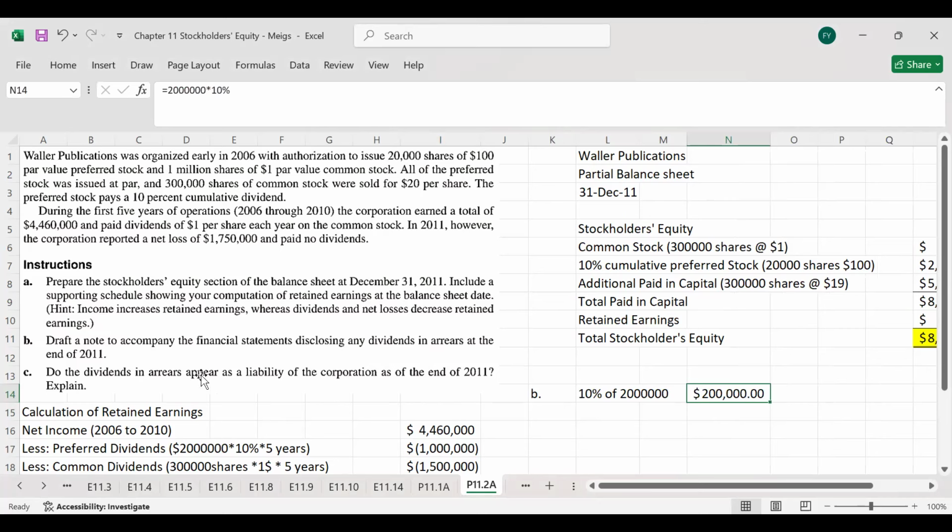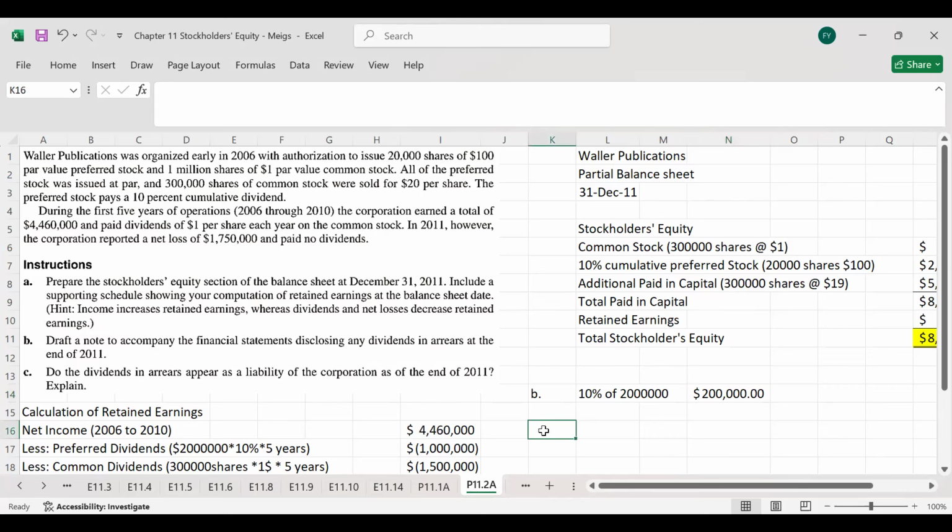Does the dividend in arrears appear as a liability of the corporation at the end of 2011? No. Why? Because dividends do not represent a liability of a corporation until they are declared by the board of directors. There is no such declaration mentioned in the whole problem.